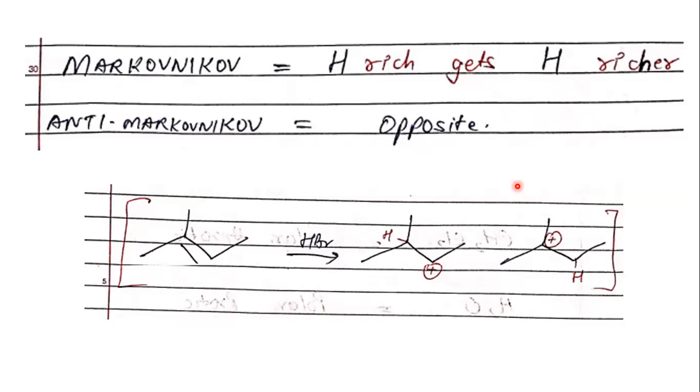There are a few other methods; whichever you find easier, you can remember. Anti-Markovnikov is exactly the opposite. So remember, in Markovnikov addition, the hydrogen-rich carbon gets even more hydrogen-rich, meaning the H of HBr is going to get attached to the carbon which already has a lot of protons.